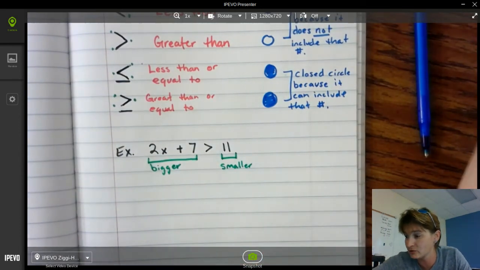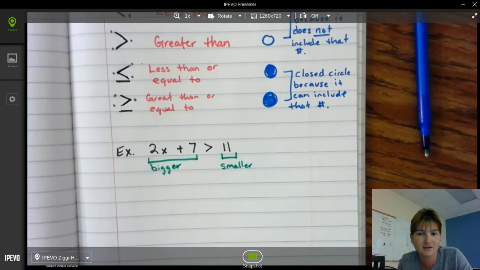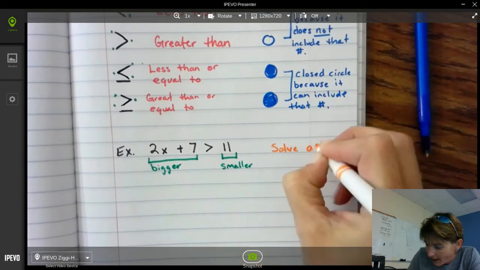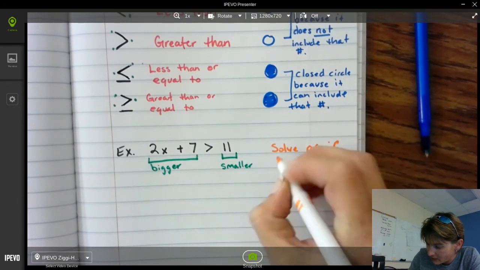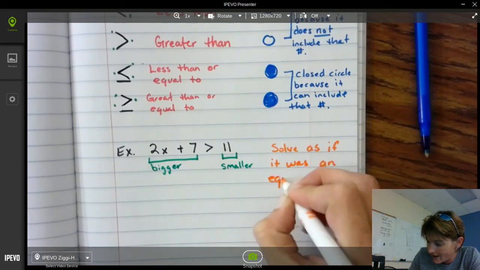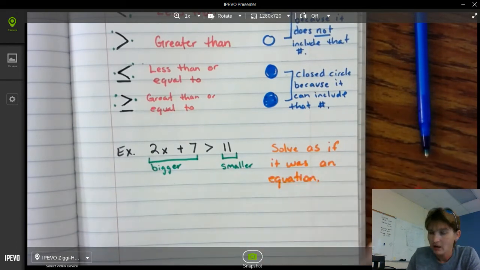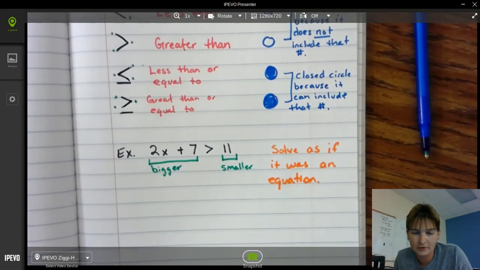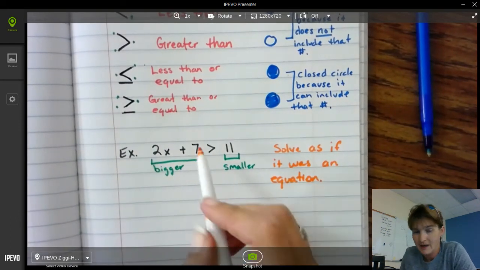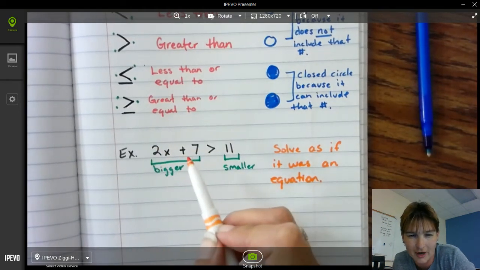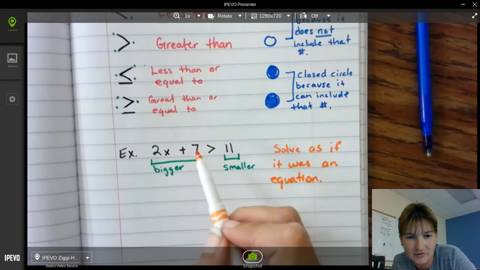First step is to solve as if it had an equal sign. Nothing has changed. Solve as if it was an equation. Previous lessons were two-step equations. The first step is to start getting your variable by itself by your addition or subtraction. So we have an addition of 7.